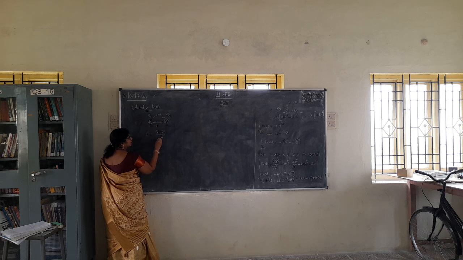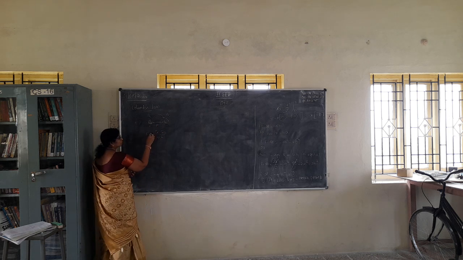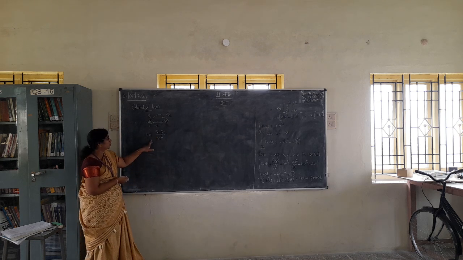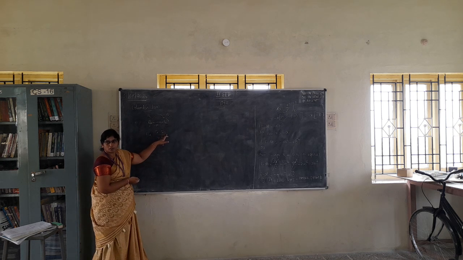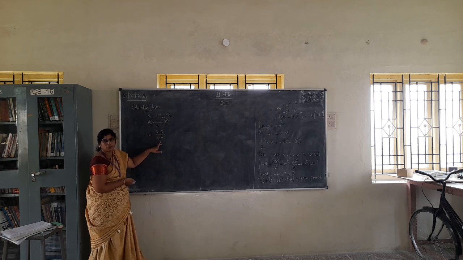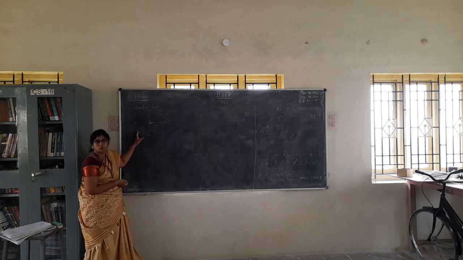Take it as r square. So the force is directly proportional to the product of two charges and inversely proportional to the square of the distance between the two charges. We call it Coulomb's law.